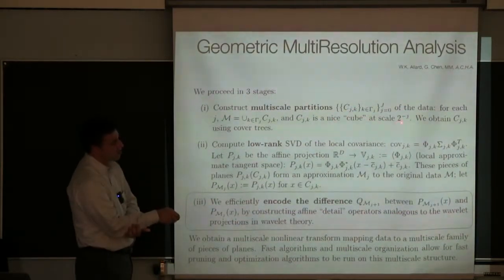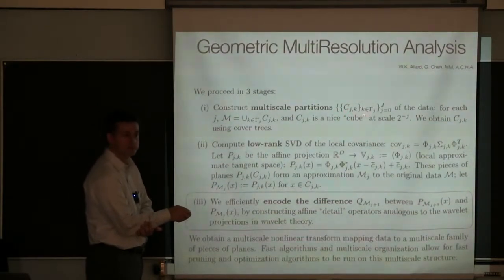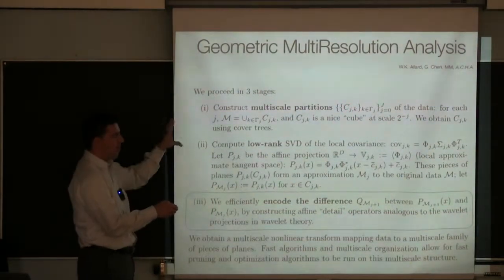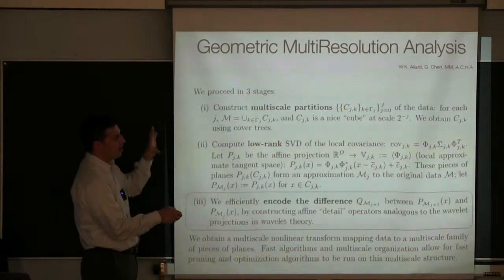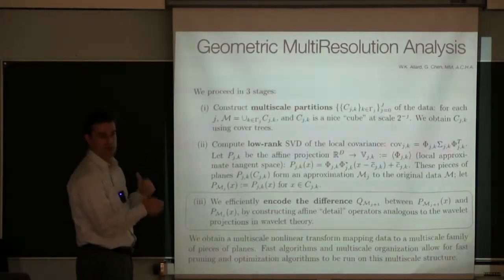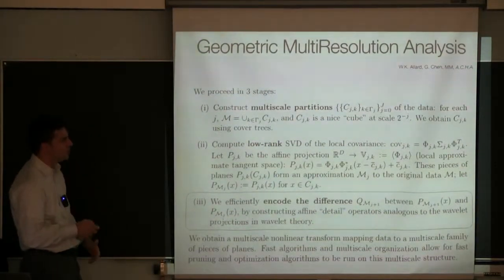The diameter is no larger than 2^{-j}. Each of these contains a ball of radius 2^{-j} divided by 2. And therefore, the probability measure pi that I have charges these sets more or less like a ball of radius 2^{-j}. Those are the crucial conditions of the C_{j,k}'s.